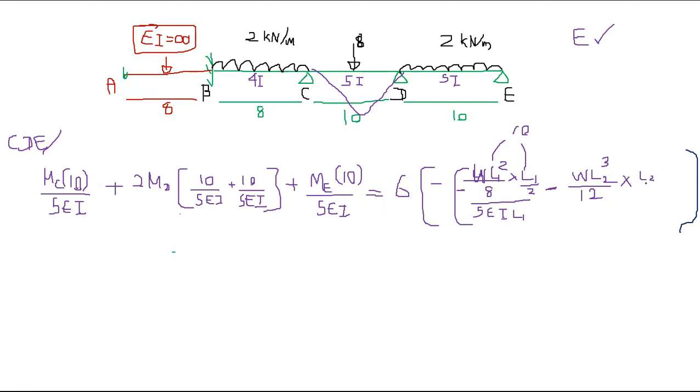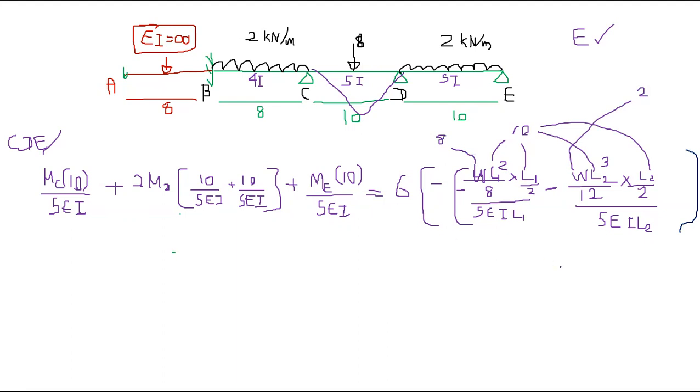And then this is the distance to centroid. If it is symmetric, that's going to be L by 2, right? 5EI L2. L2 is also 10. Right? This W is 2. This W is a point load, that's 8.